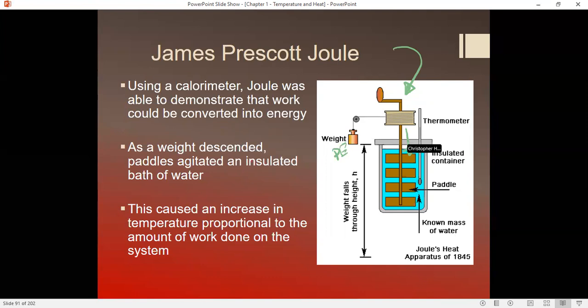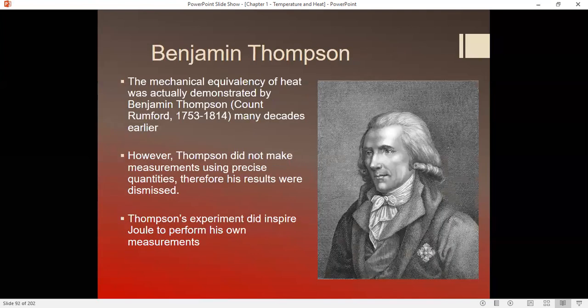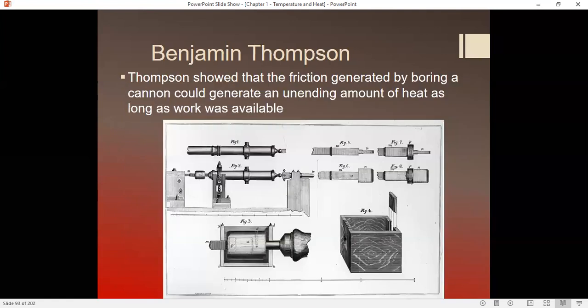And he noticed that an equivalent amount of potential energy would raise the temperature of water simply by putting the weight on the mechanical stirrer. The change in temperature was proportional to the energy. It clearly showed that heat was a form of energy. Benjamin Thompson had demonstrated something similar earlier, but he wasn't able to convince everybody with his experiments.